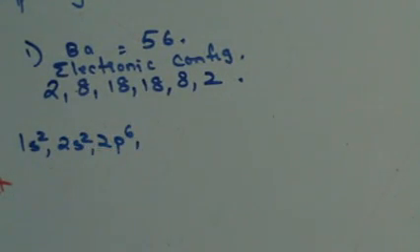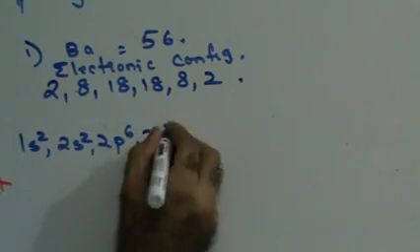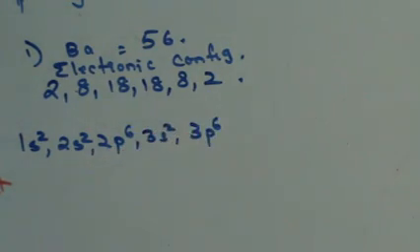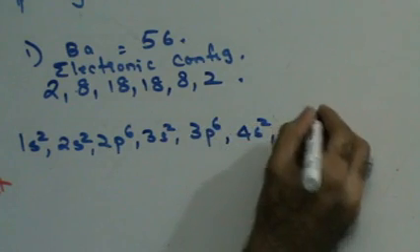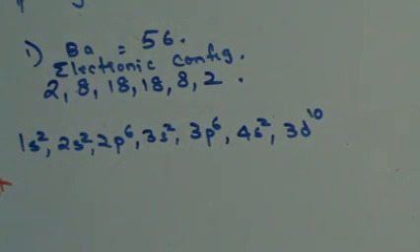So 8 electrons in the second orbit. Then you have 3s2, 3p6. Right? Now, before the 3d orbital, 4s orbital has to get filled. So this is going to be 4s2, 3d10. Right? So that means I have 18 electrons now in the third orbit.